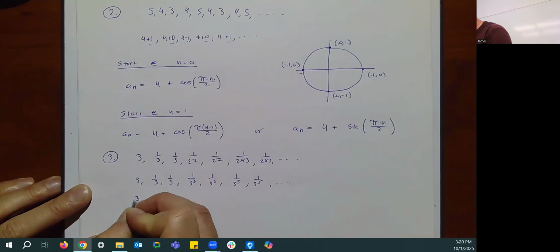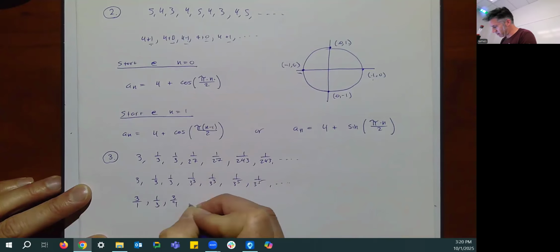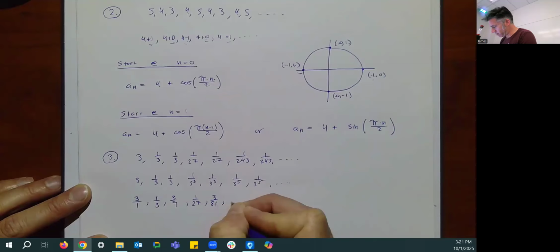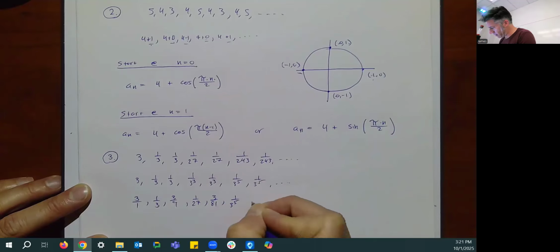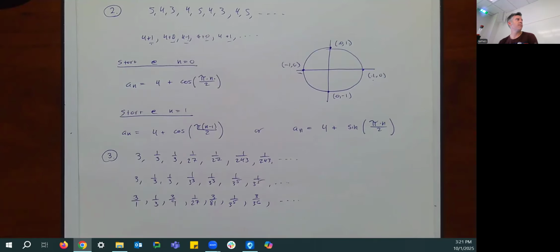Yeah, we have 3 over 1, 1 over 3, 3 over 9, 1 over 27, 3 over 81, 1 over 3 to the fifth, 3 over 3 to the sixth, etc. So I was disguising a lot here, because really the denominator is just subsequent powers of 3, and the numerator is kind of this oscillating thing again. So we actually have totally distinct things to deal with here.